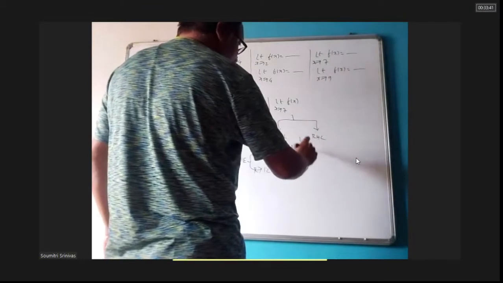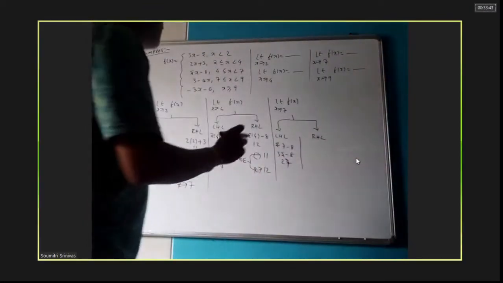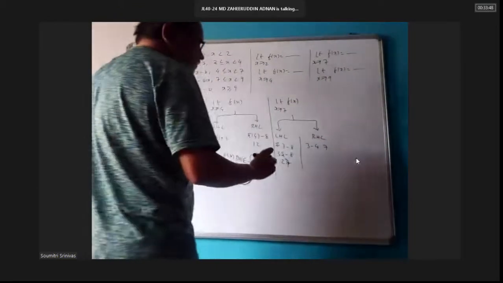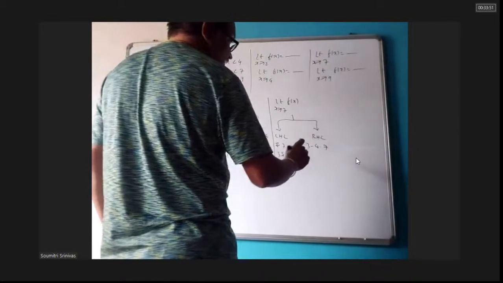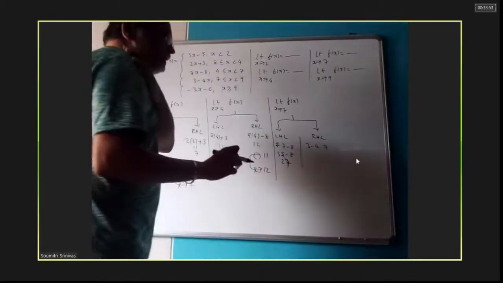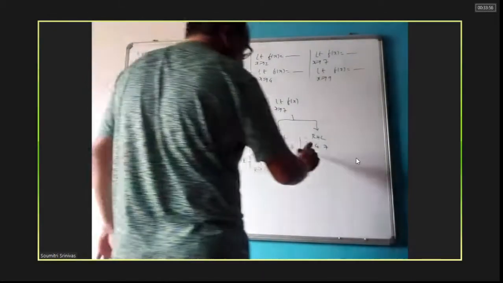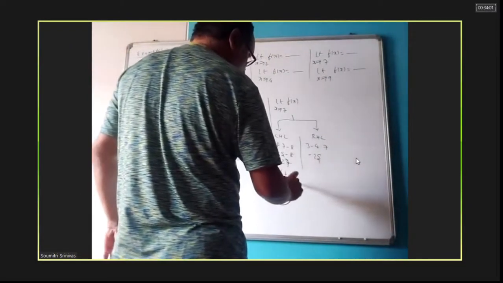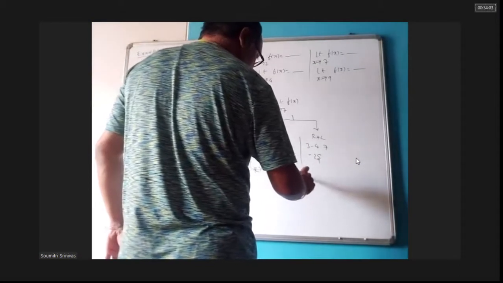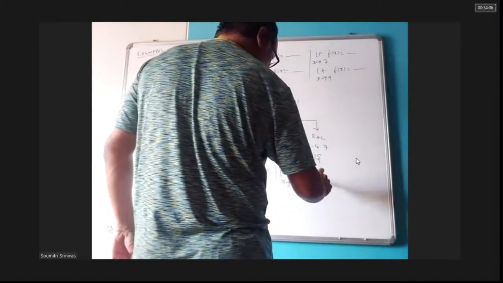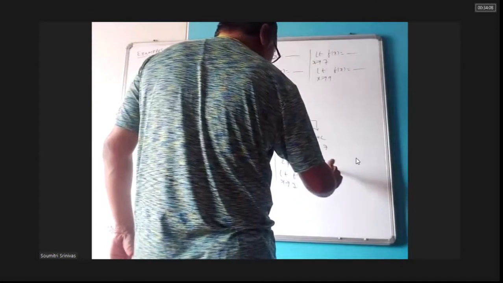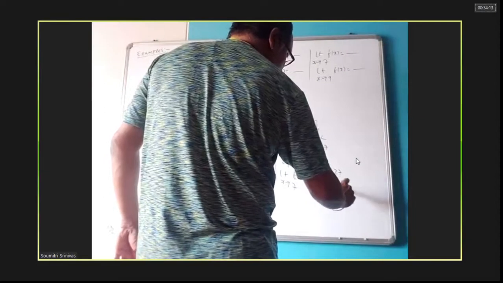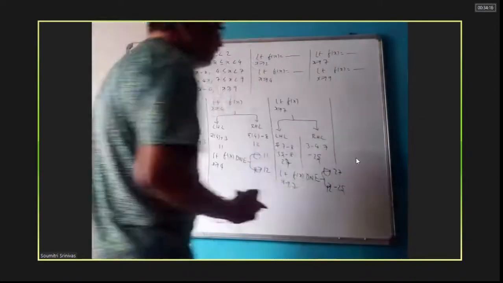Right hand limit: 3 minus 4 into 7, that is minus 25. So the limit as x tends to 7 does not exist. LHL is 27, RHL is minus 25.